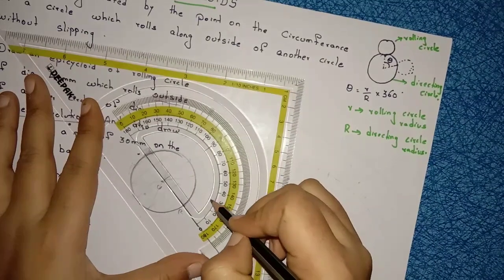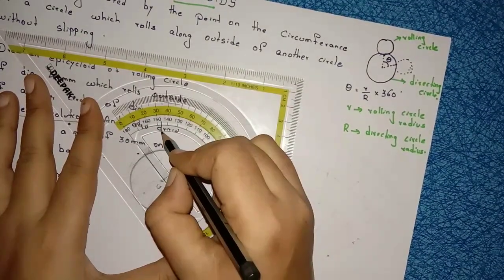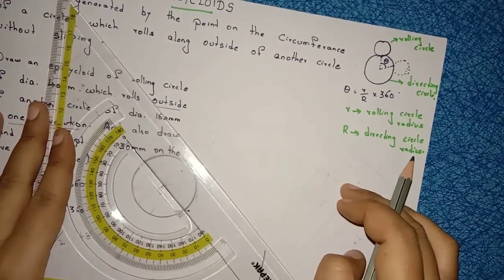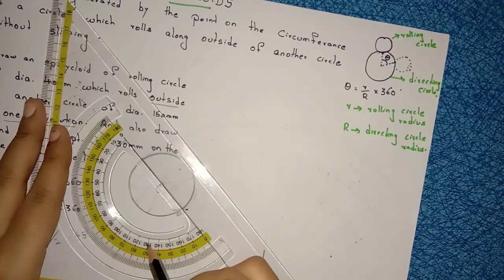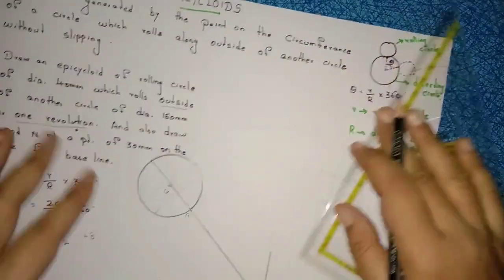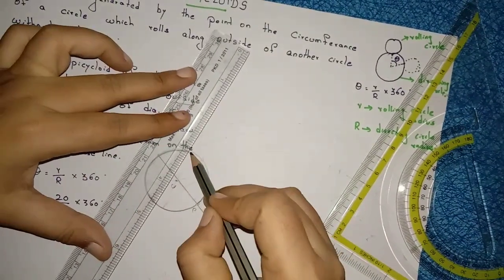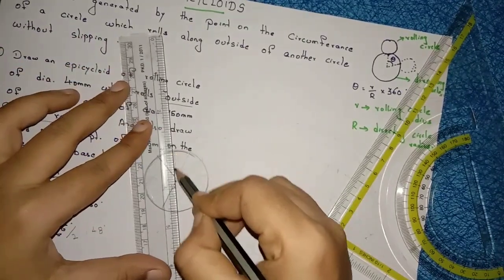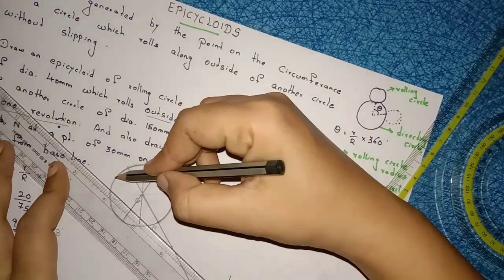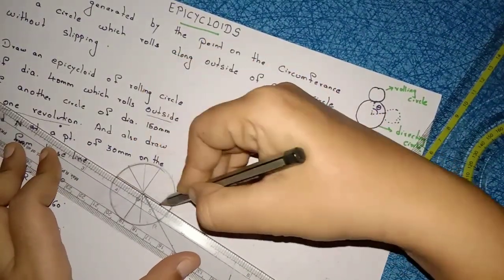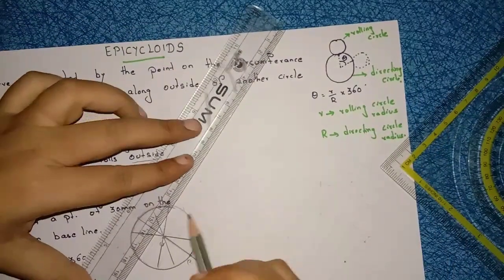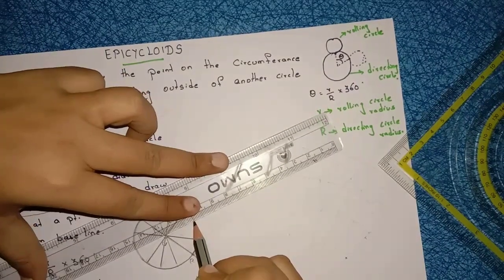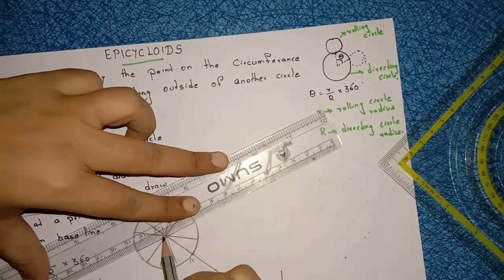Mark here 30, 60, 90, 120, 150. Again turn your protractor and place it on that line: 0, 30, 60, 90, 120, 150, 180. Right? So mark the points, dividing this circle into 12 equal parts.